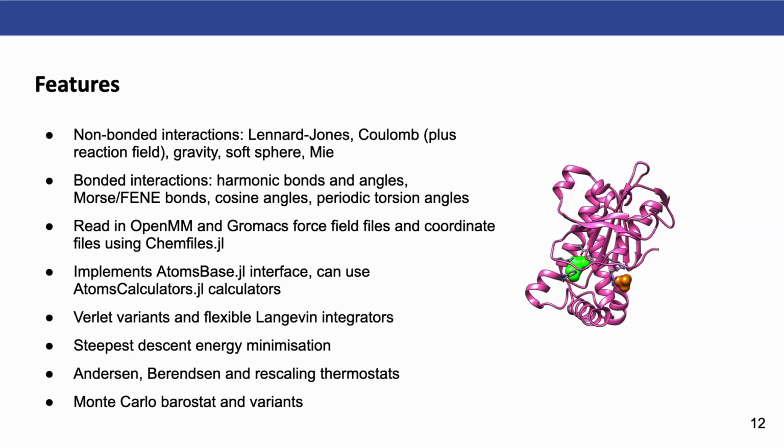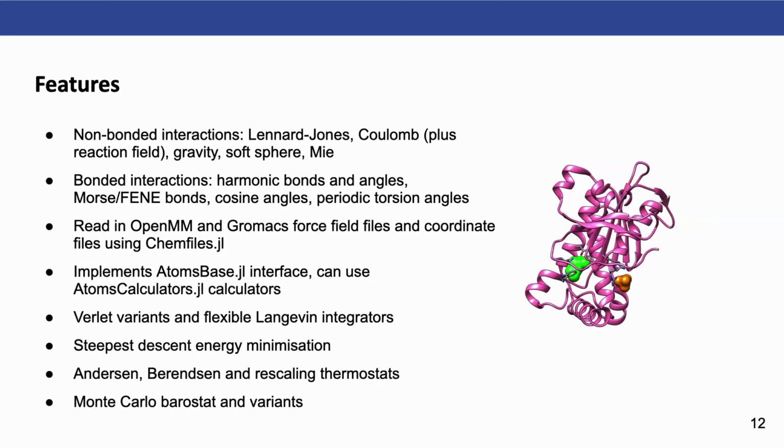So just a really quick whirlwind tour of some of the features. We have standard non-bonded interactions and bonded interactions. You can set up from GROMACS standard topology and structure files. We implement the AtomsBase interface, which you've already been introduced to, and the Atoms calculators.